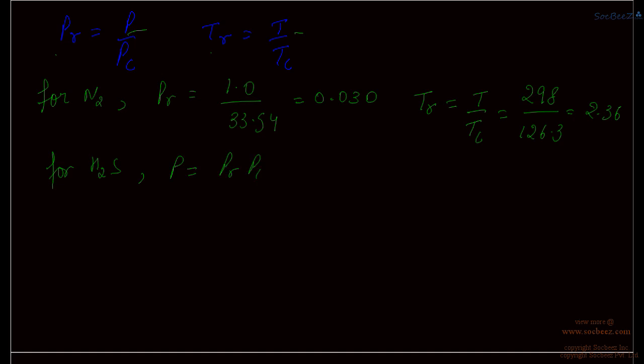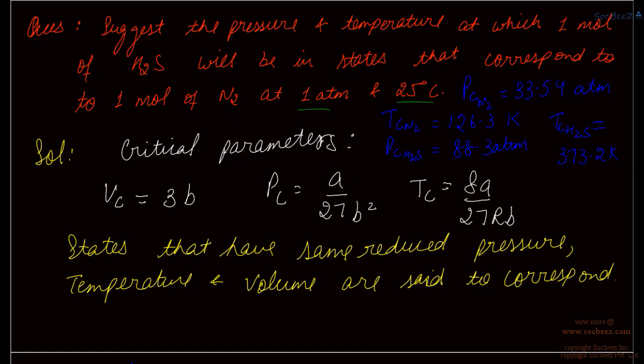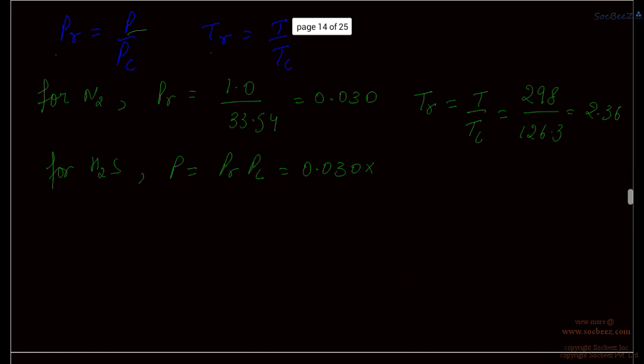Hence we know that pressure equals reduced pressure into critical pressure. Reduced pressure is 0.030, and critical pressure is given to us as 88.3 atm. Multiplying by 88.3 atm, we get the pressure for H2S as 2.6 atm.